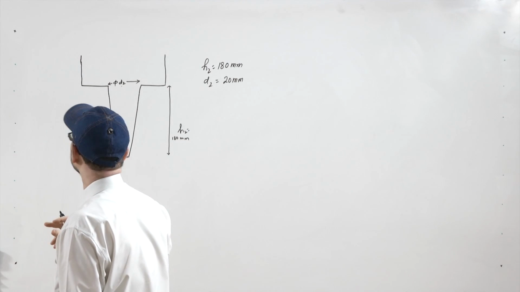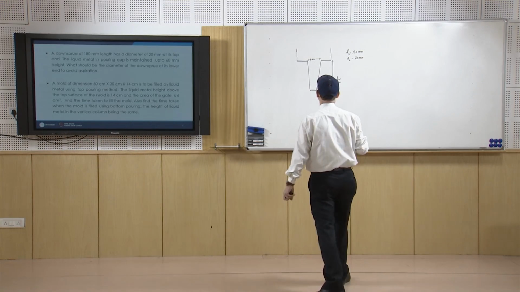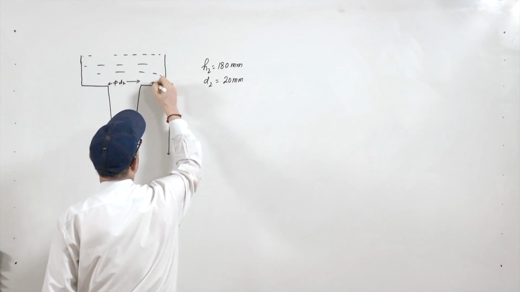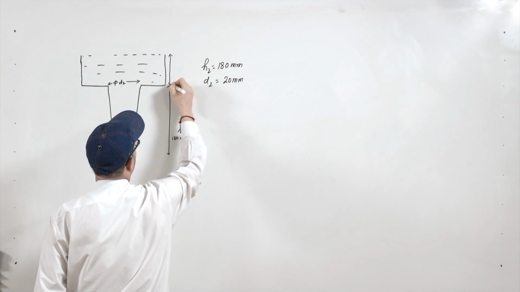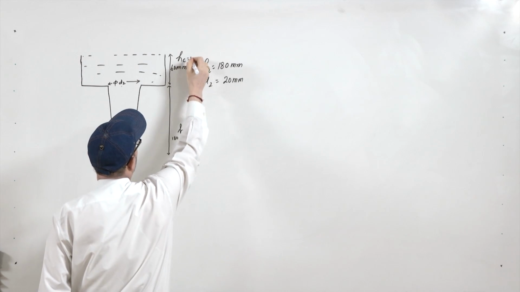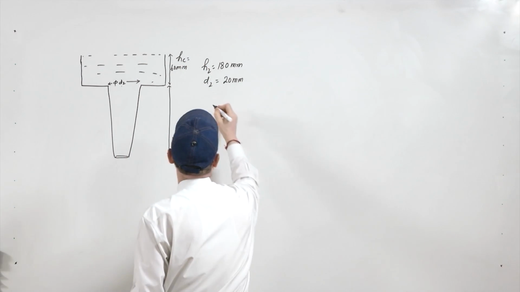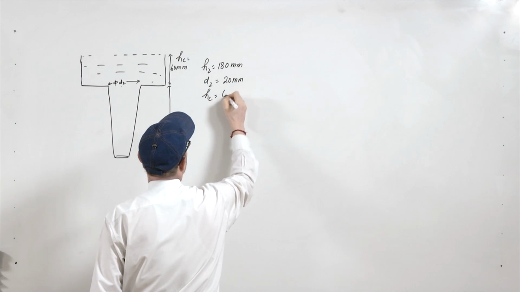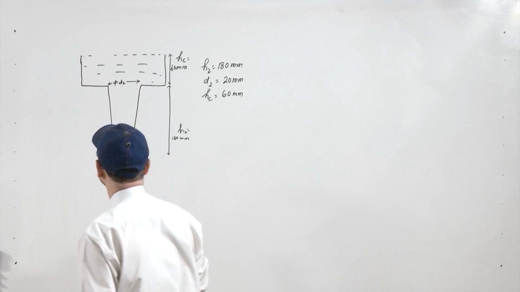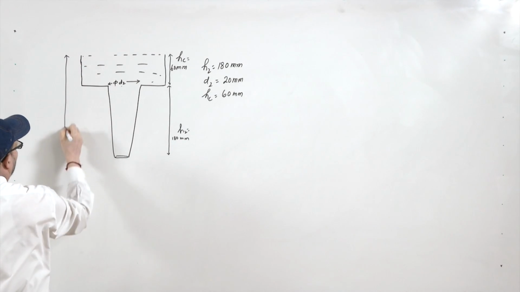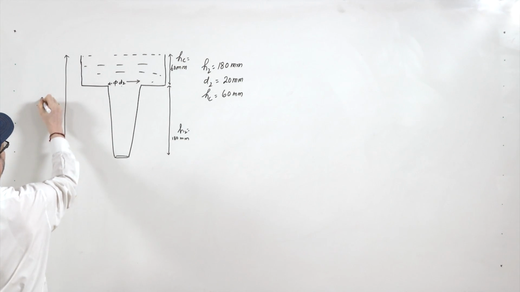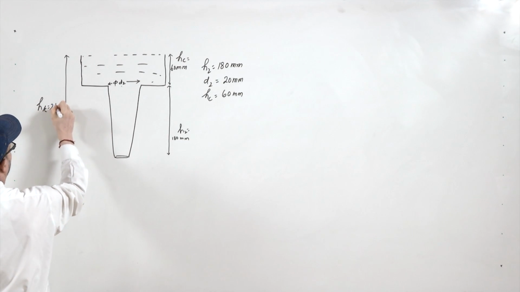The liquid metal in the pouring cup is maintained up to this height, which is given as 60 mm, and by convention we write it as the height of the pouring cup, HC, equal to 60 mm. The total height HT becomes HC plus H2, so HT equals 240 mm.